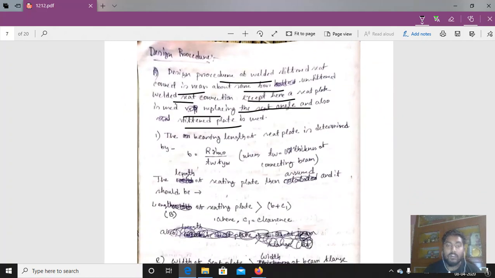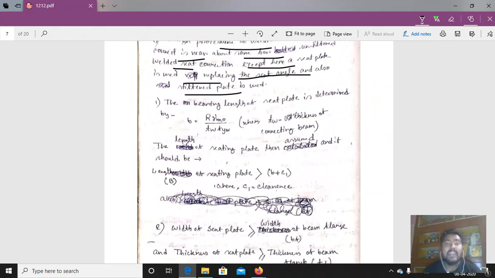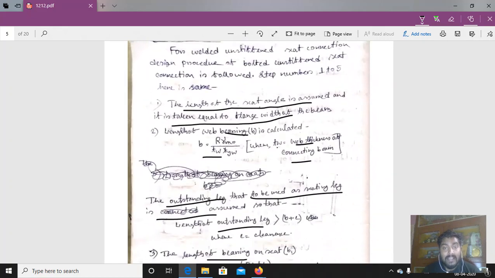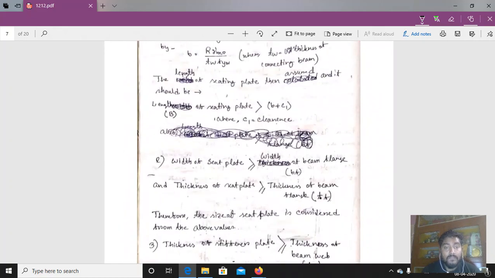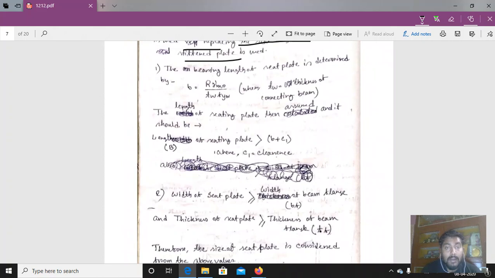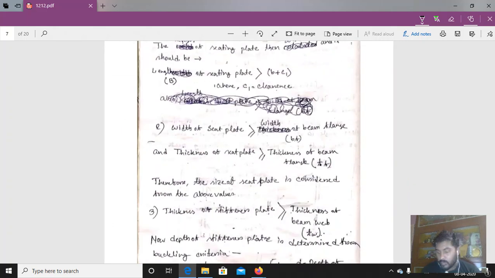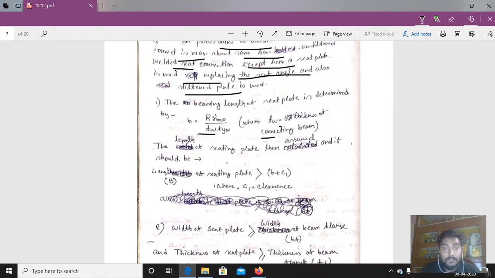So we have to design for that also. First the bearing length of the seat plate is determined, with the same formula as before. The bearing length of the web bearing is calculated: b equals R gamma m0 by tw into fyw, where tw is the thickness of the connecting beam. We know the connecting beam, so we know its thickness. We can use that to determine b.